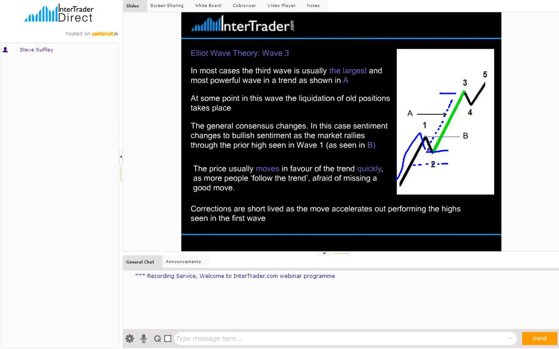So you don't necessarily have to make your money from here to here. You don't have to make your money selling, and realistically, once we've passed the high of point 1, then we're really kind of guessing that this potentially could be an Elliott wave because we're halfway through it. So this is where you're looking to make your money. Again, this whole extended part.